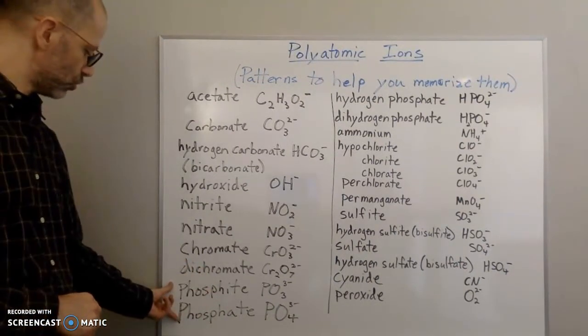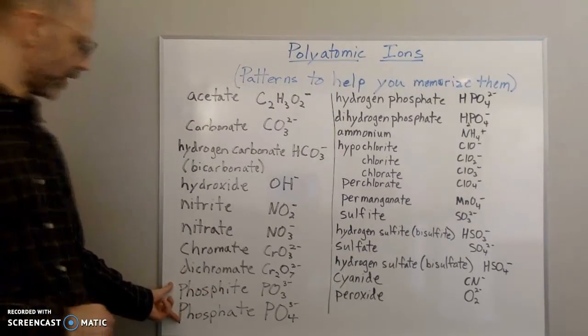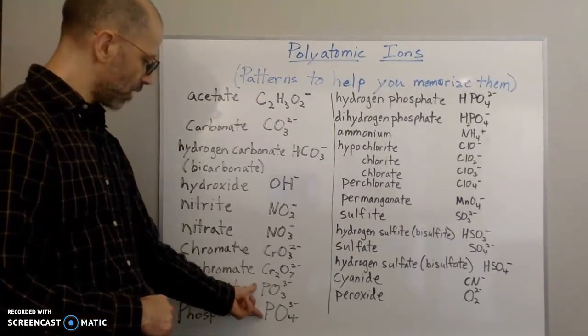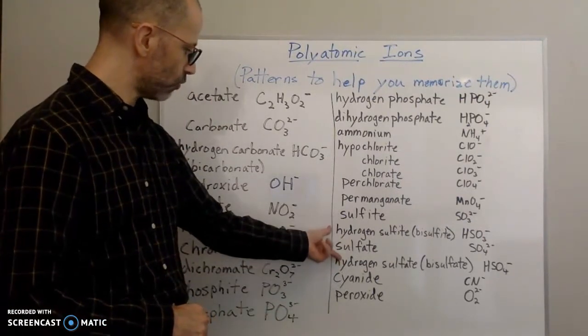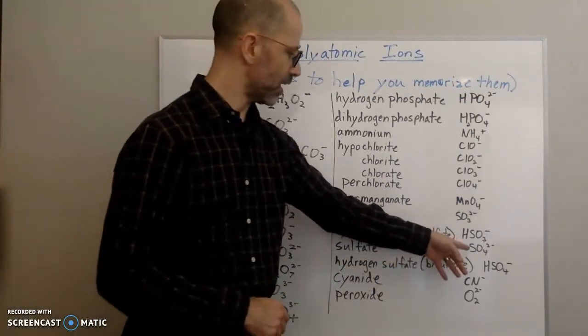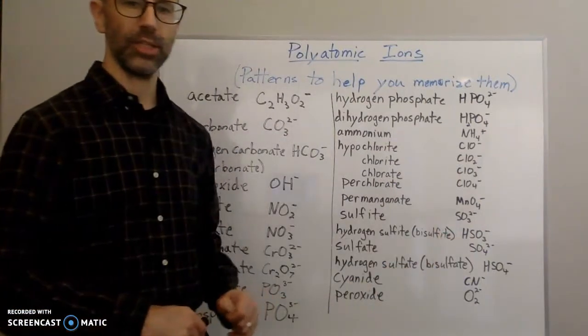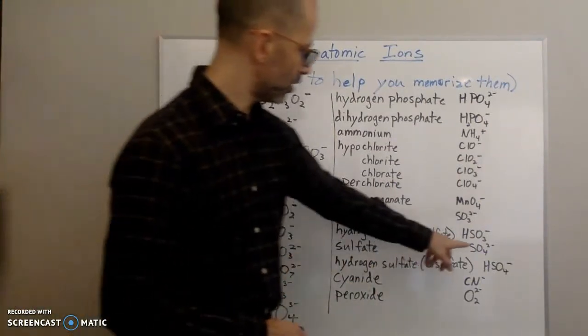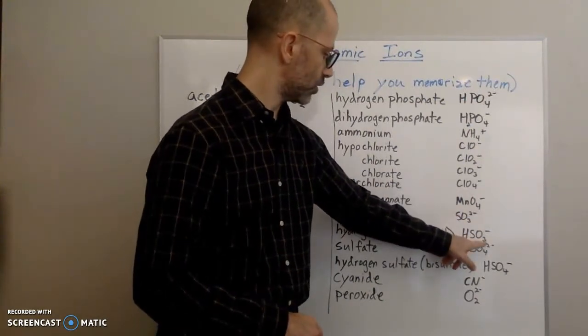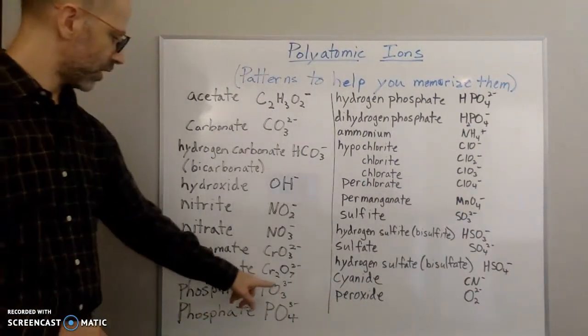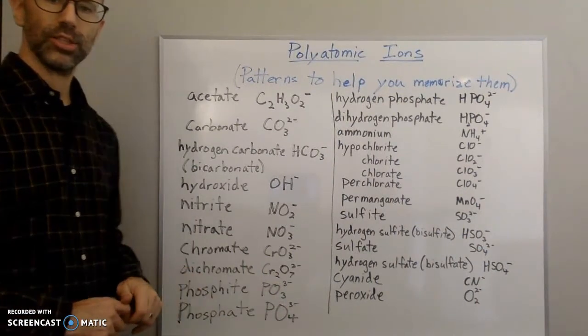You could also see phosphate and phosphite are the same formula, except that sulfate and sulfite have a sulfur instead of a phosphorus. And the sulfate and sulfite have a 2 minus charge instead of a 3 minus charge.